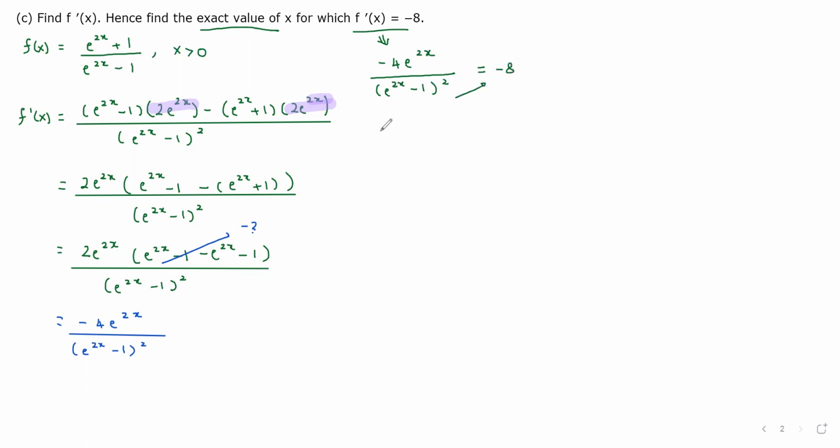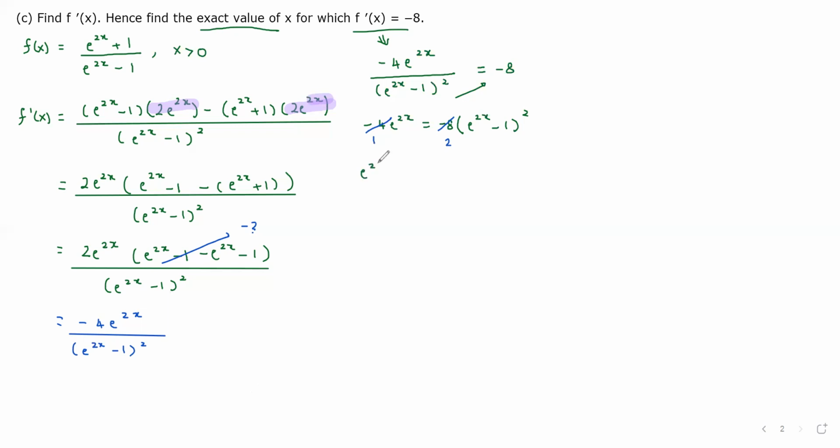We can cross multiply so that -4 e to the 2x is -8 times the square of e to the 2x minus 1. We can divide throughout by -4, so this -4 becomes a 1, that -8 becomes a 2.